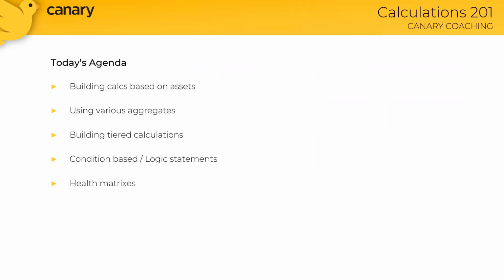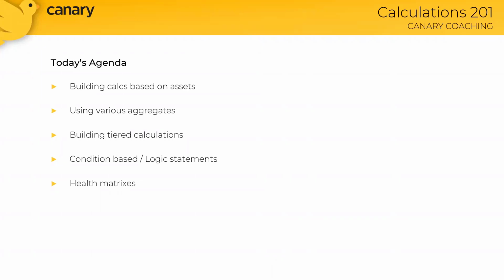Today's agenda, as I mentioned, we're going to build on top of the work that Kyle has already started. So we are going to start off by building calculations based on asset types. We're going to look at all of the various aggregates that are most commonly used around asset calculations.